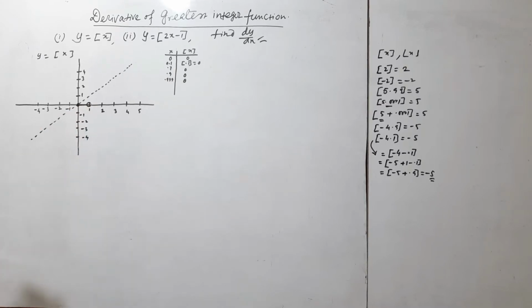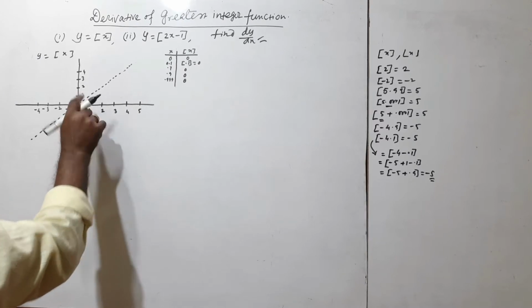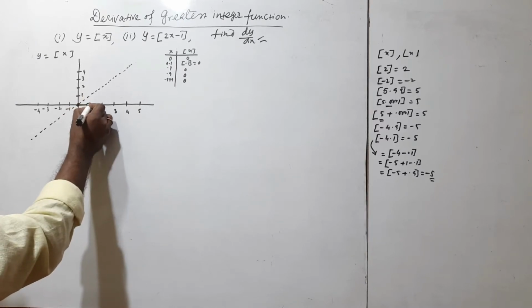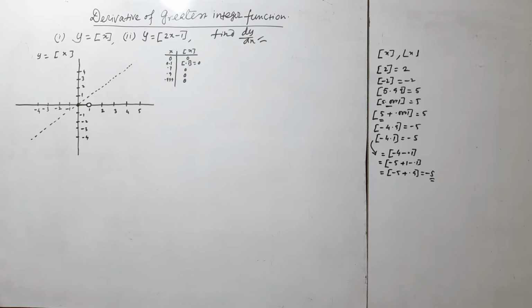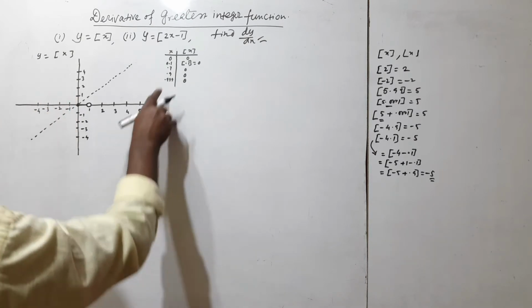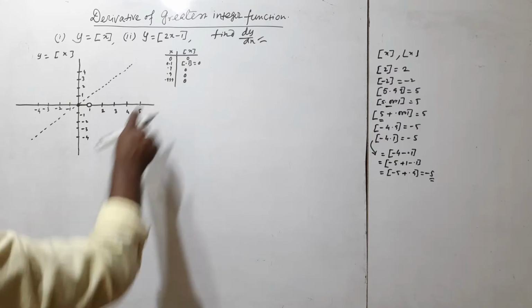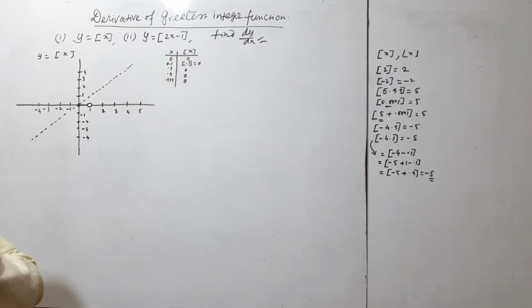Not exactly 1, so this is less than 1, not equal to 1. If we take 0.99 something, it would be 0. If we take 1, then we get 1.